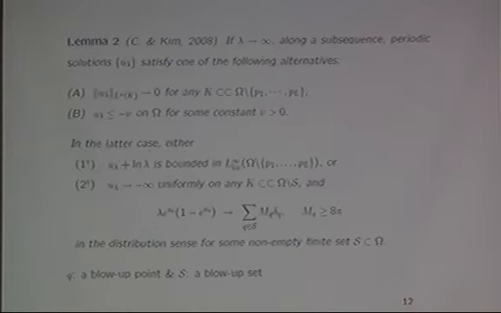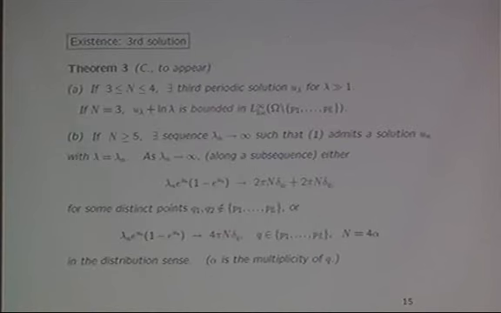So, with the help of this lemma, I was able to find the third solution. If n is not greater than 5, then we have third periodic solutions if lambda is sufficiently large.